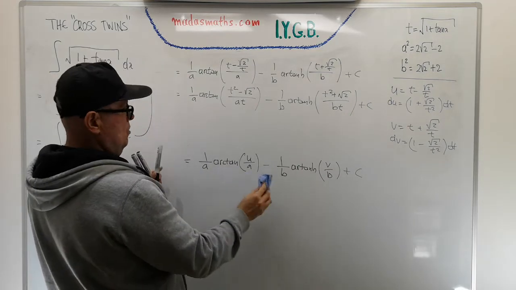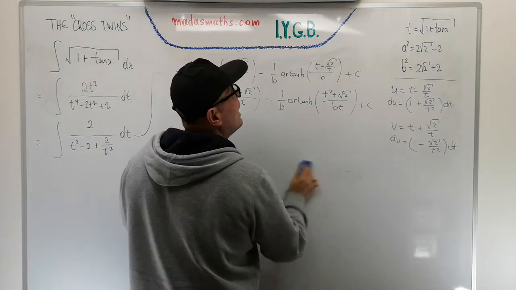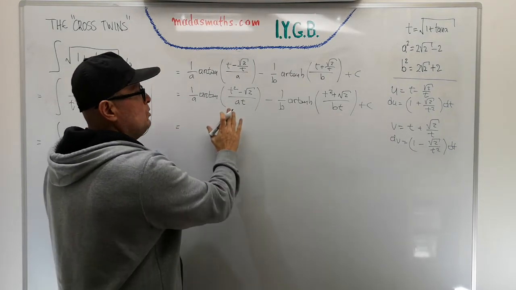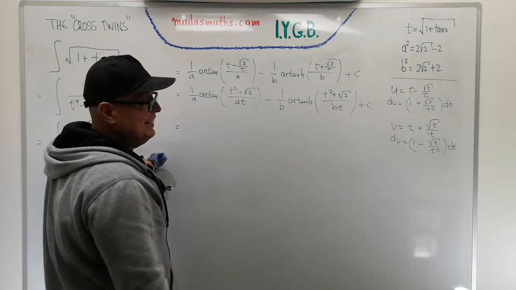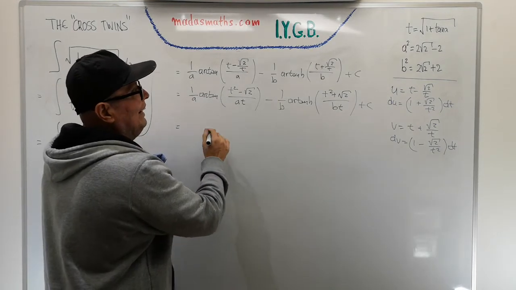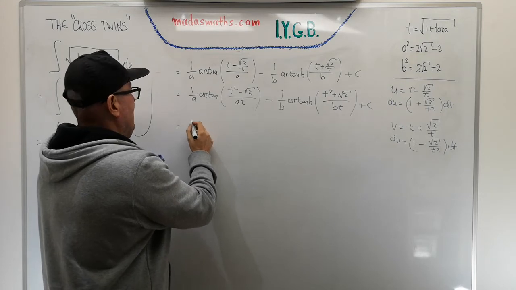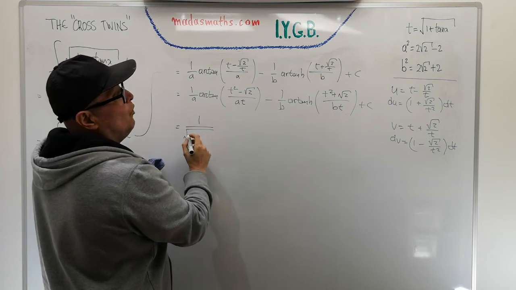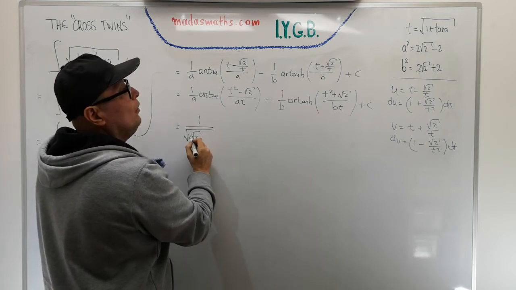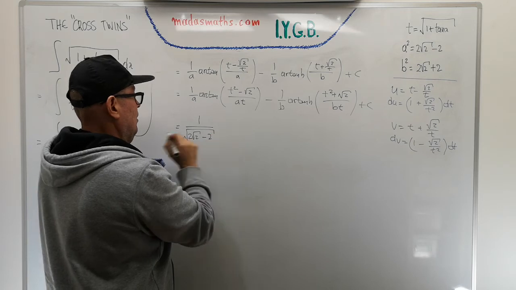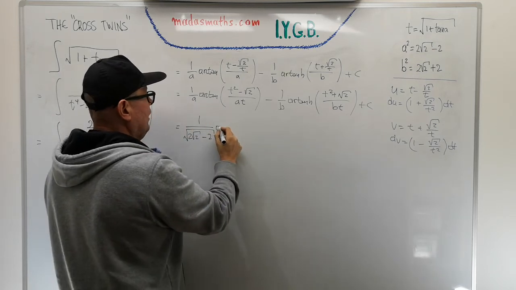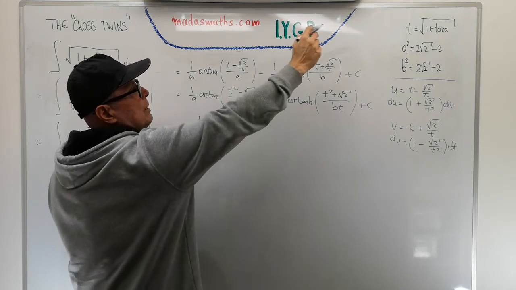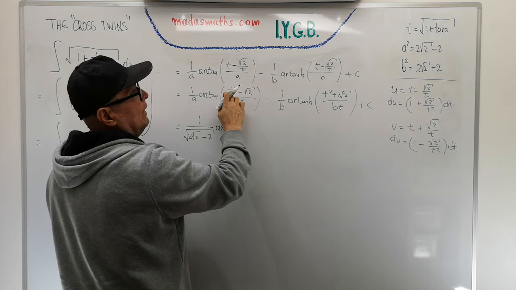Okay, we don't need this line anymore. We've got everything we need up there. So what do we have now all together? I'm going to start putting in the constants. It's going to be a total and utter mess. A 1 over a. That is going to be 1 over, that's a squared, so it's going to be the square root of 2 root 2 minus 2. So that's my 1 over a. Arctan: t squared actually kills a square root up there, so I'm going to have 1.